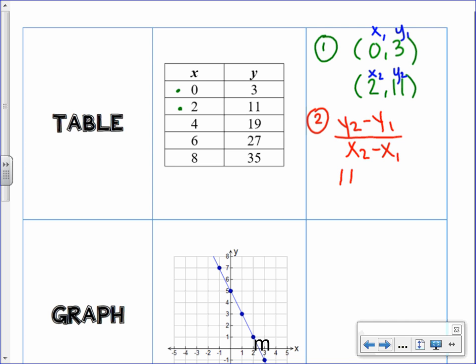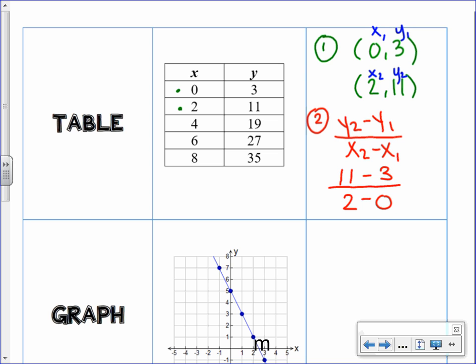So it's Y2 minus Y1, so 11 minus 3. Uma, what is X2? 2. Perfect. And Callie, what is X1? 0. So minus 0. Anybody confused at how I plugged that in?